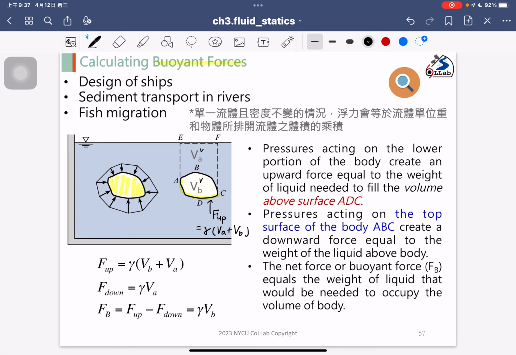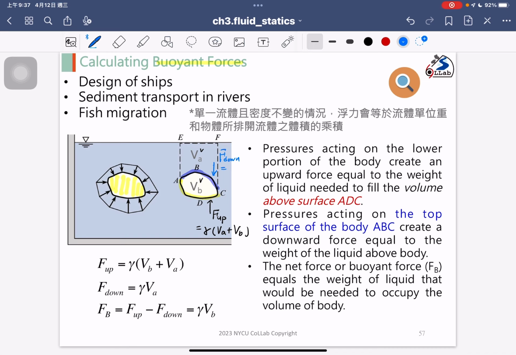And the second curvature we consider is the ABC. You can see the sentence shown on the right: the pressure acting on the top surface of the body ABC creates the downward force equal to the weight of the liquid above the ABC. That means we have an additional downward force, so we have the F down.